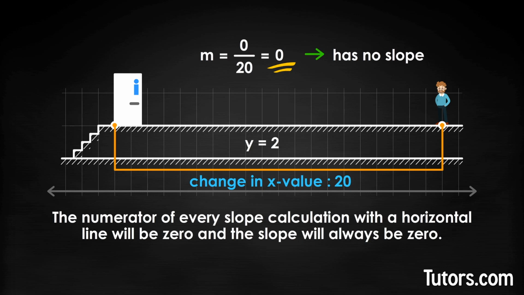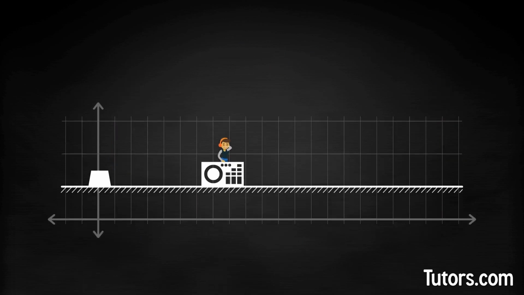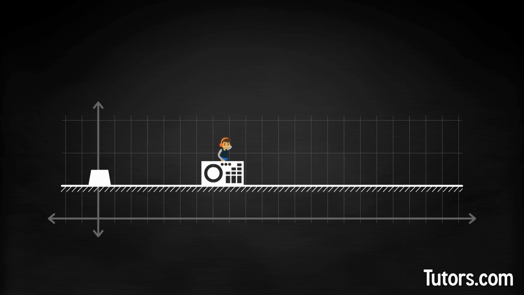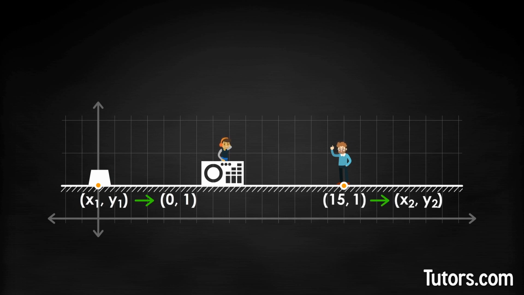Let's look at the horizontal line equation. In our example, we started off on the first floor of the dance, so our original point, (x1, y1), was (0, 1). Recall we moved 15 paces across the floor. We stayed on the first floor, ending at (15, 1), which is our ending point, (x2, y2).